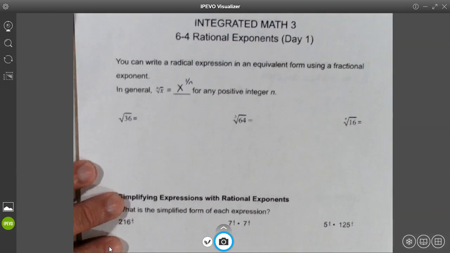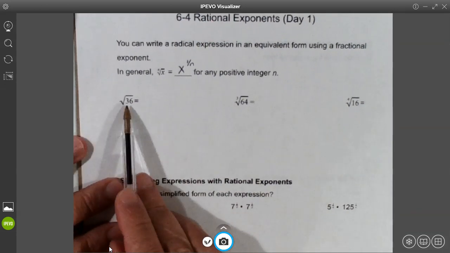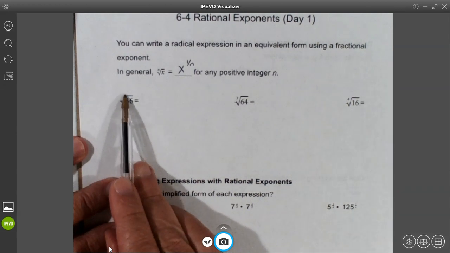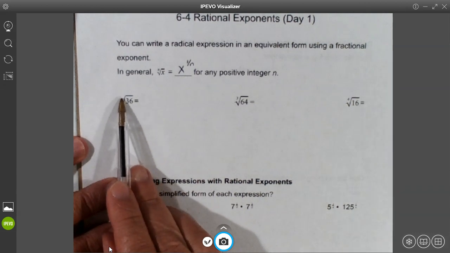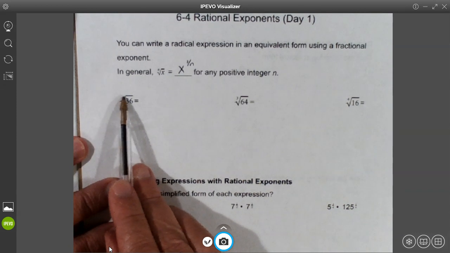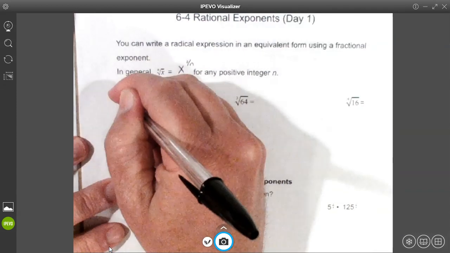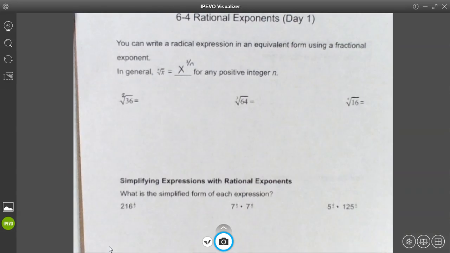All right, so just a couple real quick examples here. So if we have the square root of 36, a thing to realize here is that if they don't put an index there, that is understood to be a 2. They don't always write that in, especially if it's a 2.